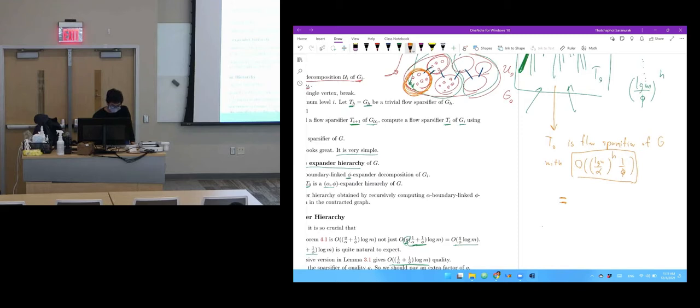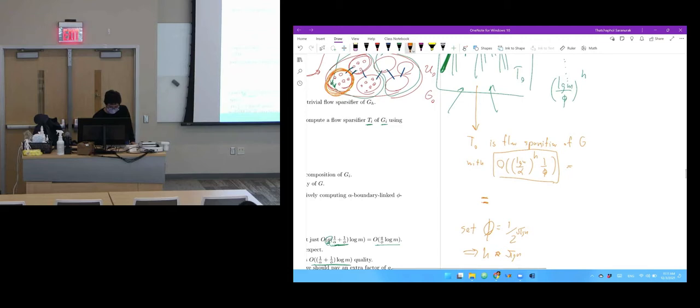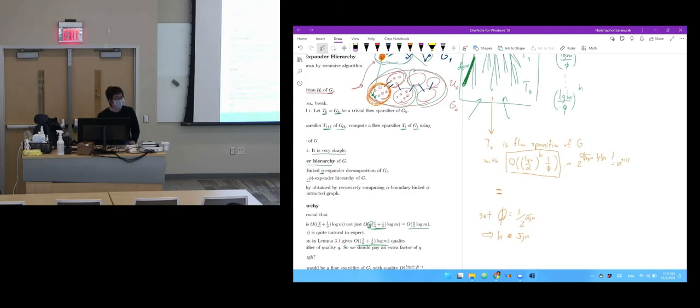So if you set phi to be 1 over root log, then h is going to be basically root of log n up to log factors, and then this becomes something like 2 to the root log n up to log factors, which is small. Okay, good. So that's the expander hierarchy.